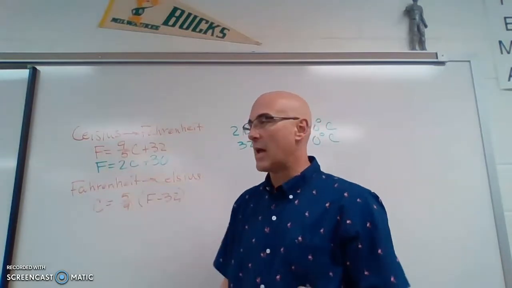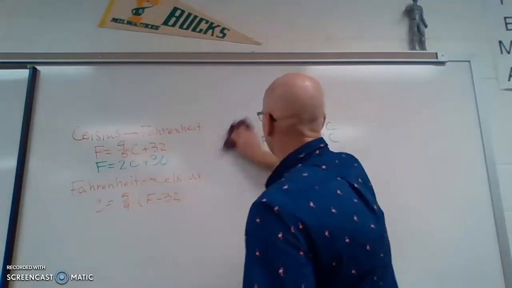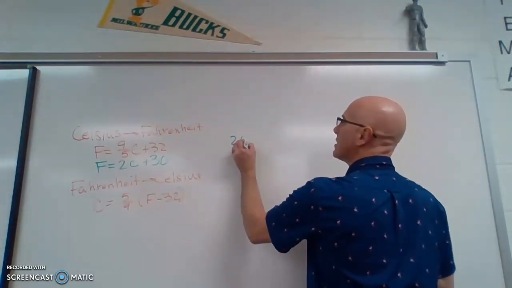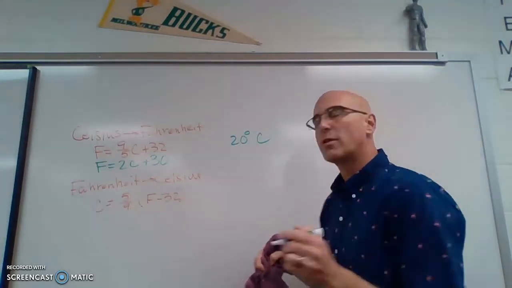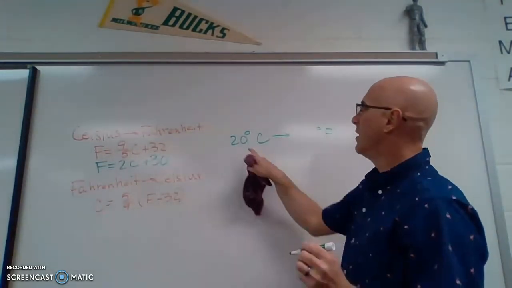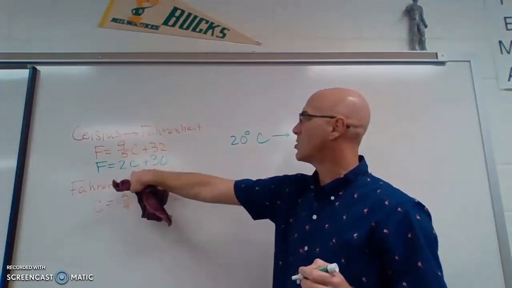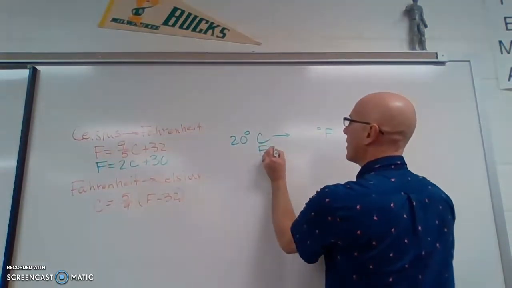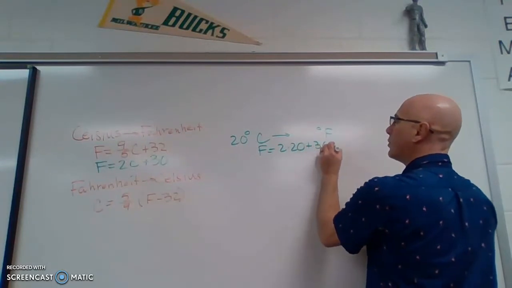So for example, say I have, let me erase this for now. Say I have 20 degrees Celsius, and I want to convert that approximately into Fahrenheit. So what I am going to do is put in my Celsius, my 20 here. So Fahrenheit is equal to 2 times 20 plus 30.